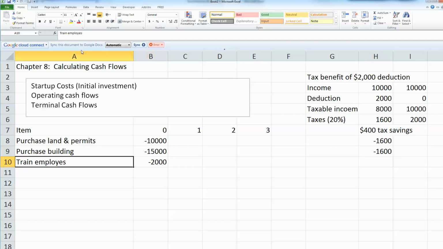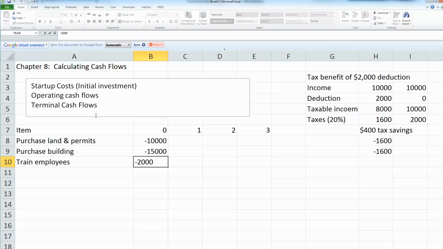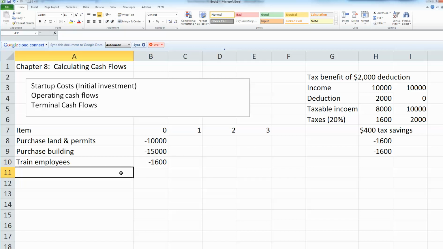So down here, instead of putting $2,000, I'm going to put $2,000 times 1 minus that 20% tax rate. So if it's a tax-deductible expense, the after-tax cost will be less than the original cost.